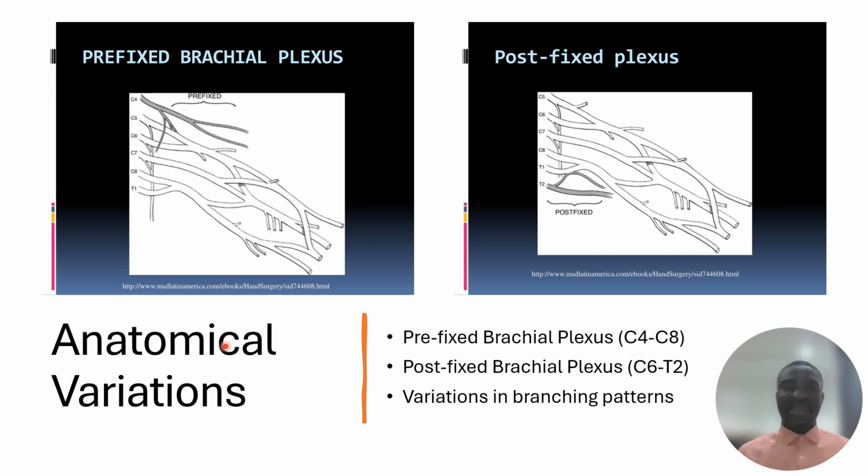When the contributions are coming below C5, from C6 downwards and even extending up to T2 sometimes, we say that they are postfixed. You can see this diagram showing prefixed, with contributions of fibers from C4, and on the other hand the postfixed brachial plexus showing contributions from T2. And sometimes you can also have postfixed brachial plexus without even a T2 contribution at all.